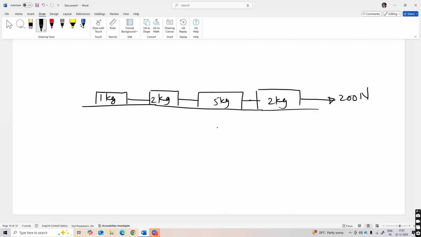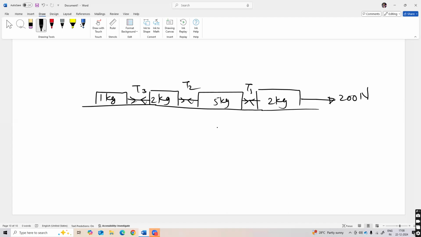Since there are three strings present in this case, the tension in all strings will be different. Let's say this is T3, this is T2, and this one is T1. Tension in all strings will be different because there are three different strings.